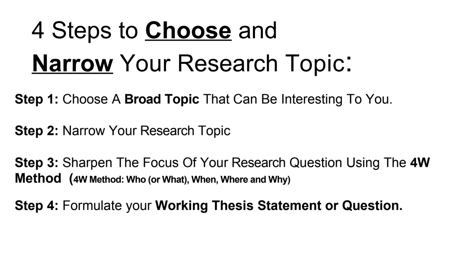So we can just pick a broad topic at this moment, and it can be interesting to you. Maybe your professor has assigned certain topics, but usually if your professor tells you to write a research paper and you have free rein, pick something that is interesting to you or something you may have heard about that you're curious about. Next, we want to narrow down that research paper topic, and we want to get a focus.